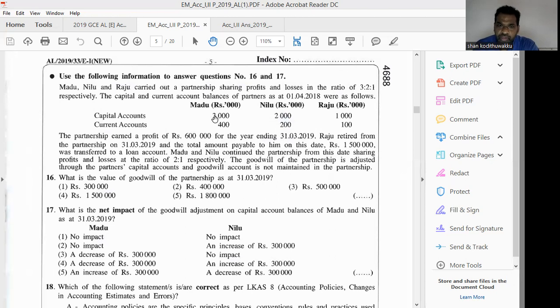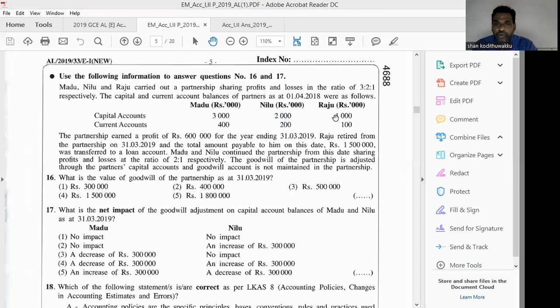Therefore, goodwill of 300 has been credited to Raju's capital account.